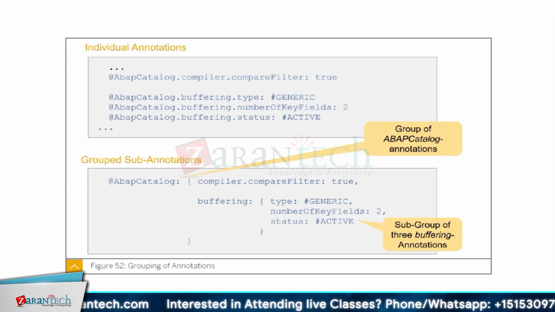And sometimes when we are writing the annotations, some annotations will be put in a grouping also, guys. For example, look at the above screenshot. There are 4 annotations: ABAP catalog.compiler, ABAP catalog.buffering. But all of these come under ABAP catalog. Again, the last 3 annotations come under buffering.